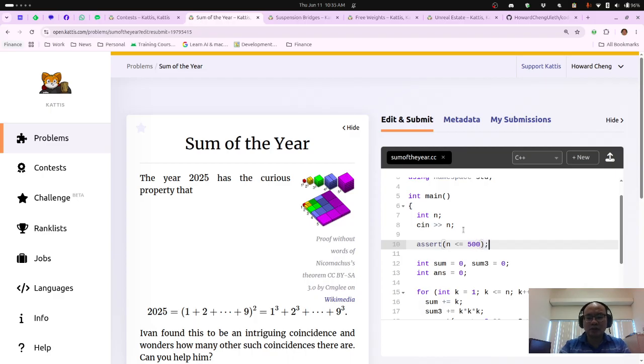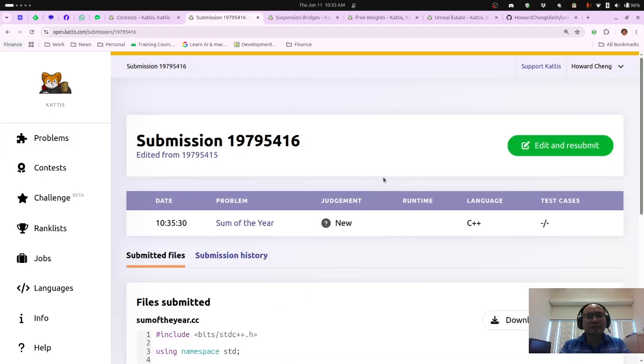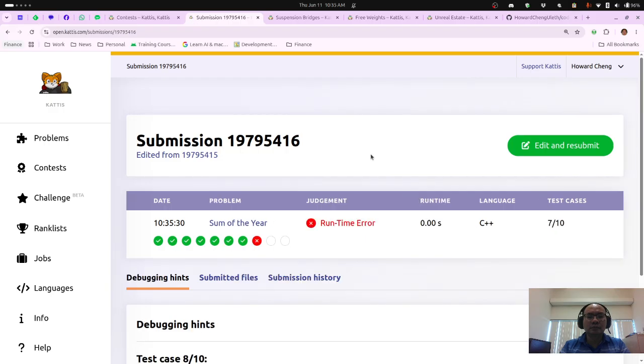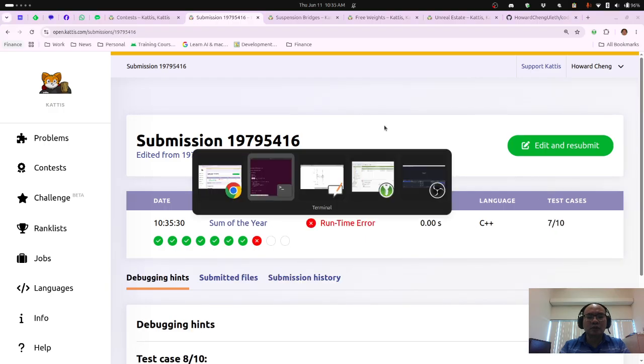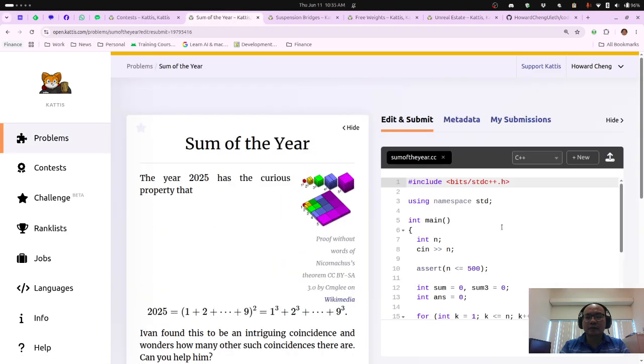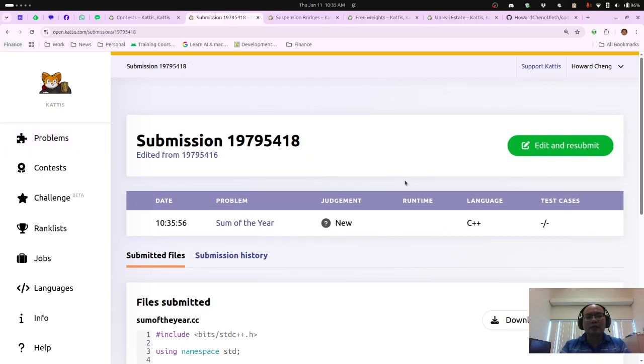Is it somehow that they only give small enough numbers? Okay, so they have numbers bigger than 500. Let's do a binary search on the biggest number that they have.